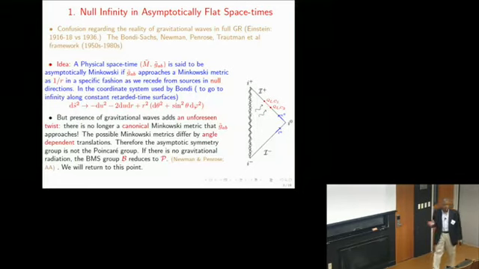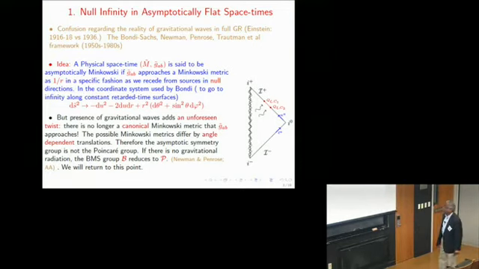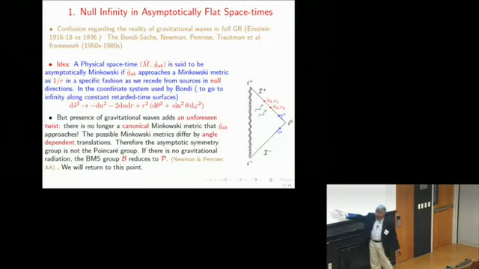And this is the key point, which we're going to come back to: there is no longer a canonical Minkowski space that the physical metric approaches. Given the physical metric, it approaches the Minkowski metric plus a 1 upon r term of a certain form, and it can also approach another Minkowski metric plus 1 upon r terms of the same form, if they differ by what are known as angle-dependent translations. Again, I'm going to explain this notion.